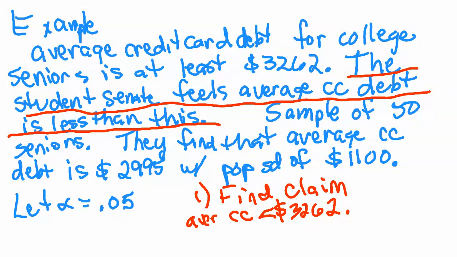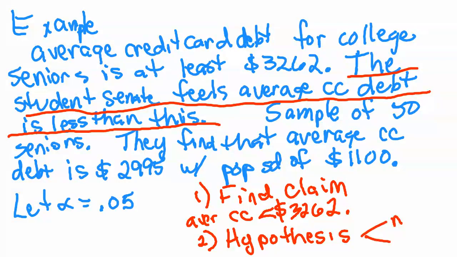The second thing you do is decide what are the hypotheses, the null and the alternative. Okay, before I turn the page, you can't get these mixed up. Don't mix up the claim with the example.